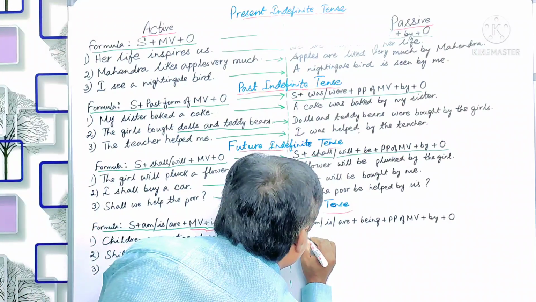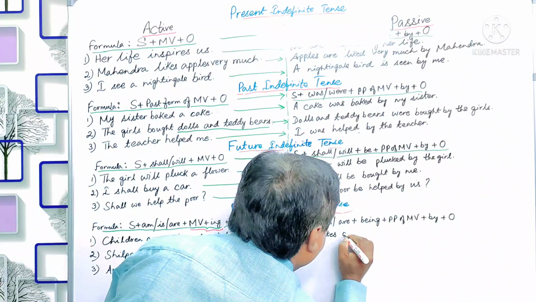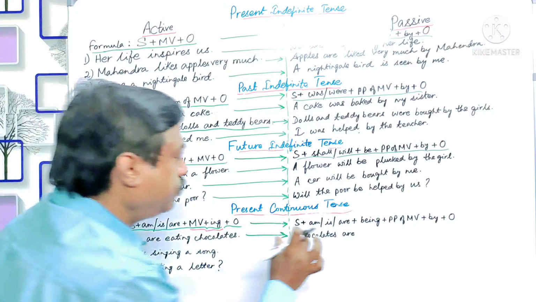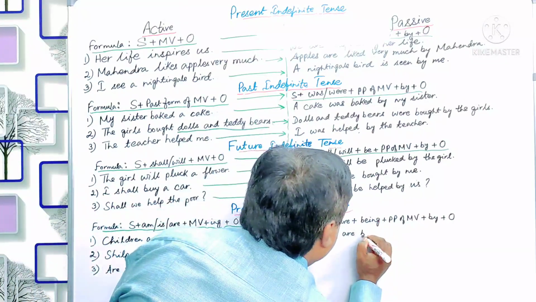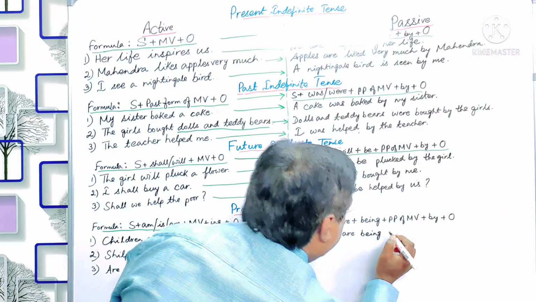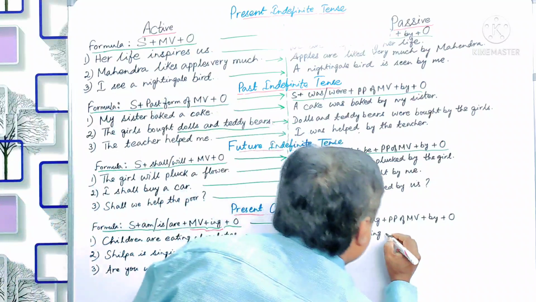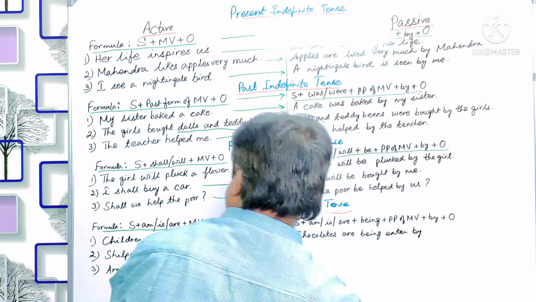So chocolates, then immediately am, is, are, the three forms that you can use. For chocolates, as it's plural, you have to use are, then immediately being, then the past participle of the main verb: eat, ate, eaten. Eaten by whom?